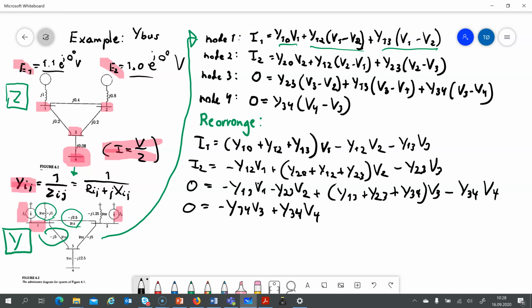So now we have rearranged it based on the voltage positions. If you see, now we have V1, V2, V3 in the first rows, then V3 and V4 in the last.